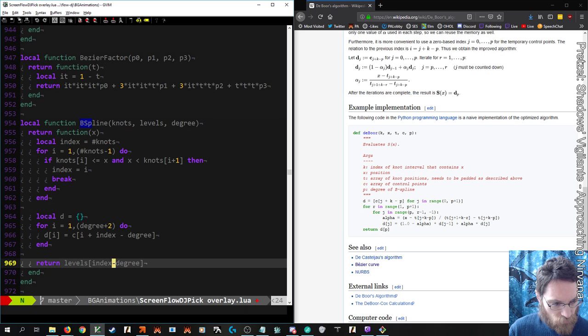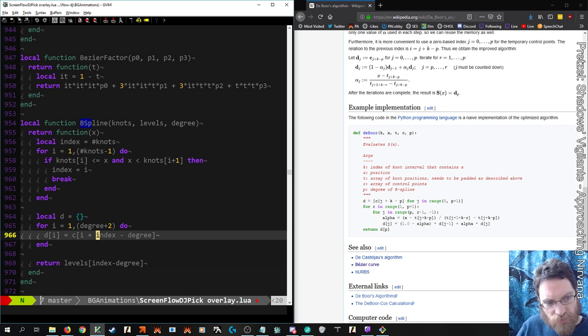So it's iterating over a couple of things. Okay, so I'm moving index back to the start position and then advancing through that number of steps.